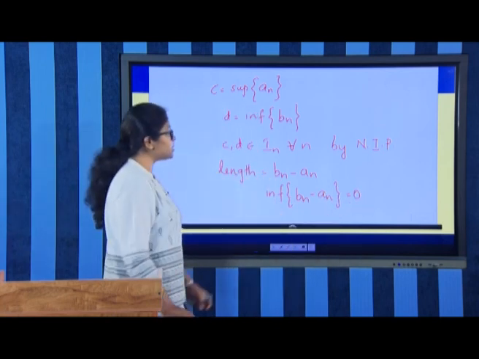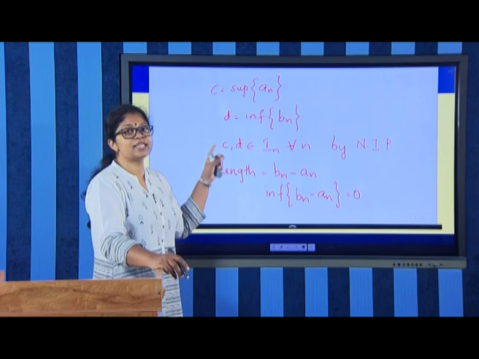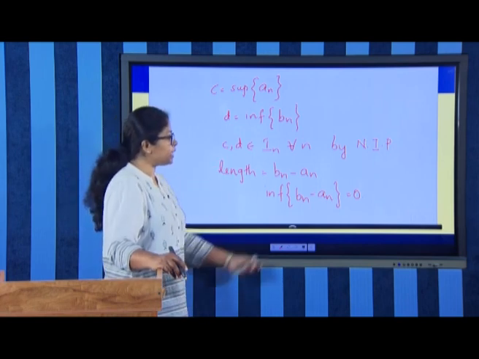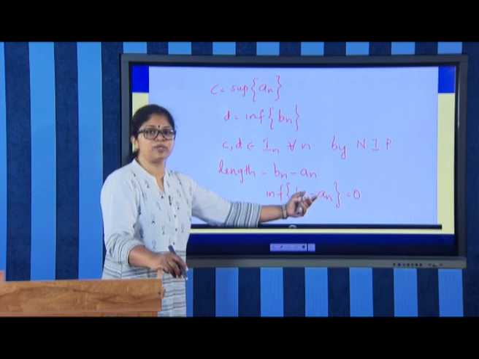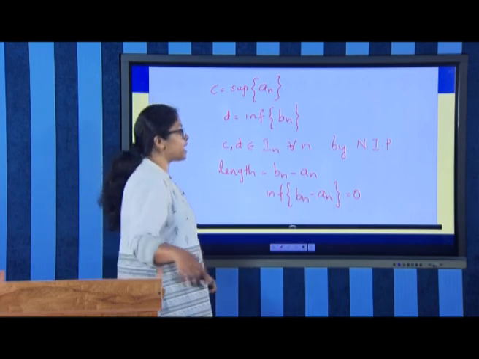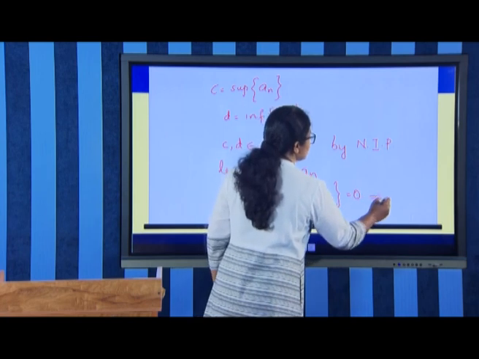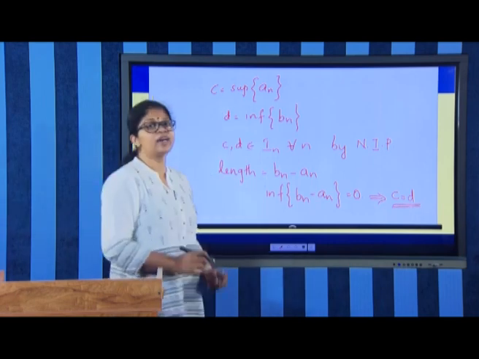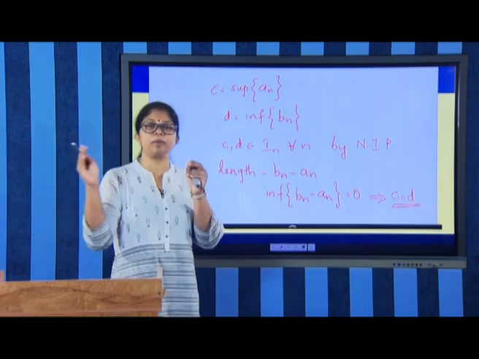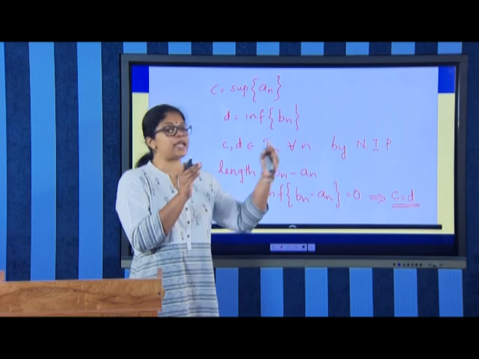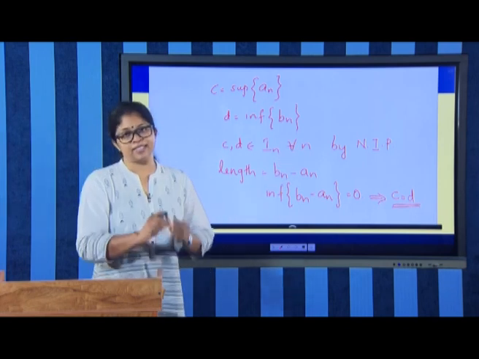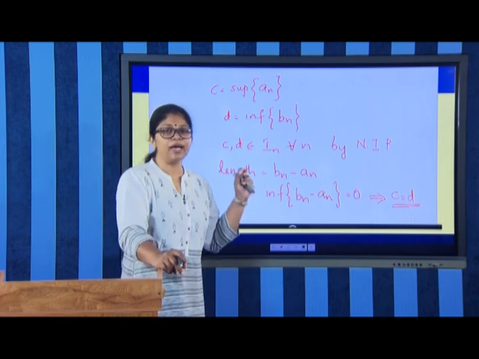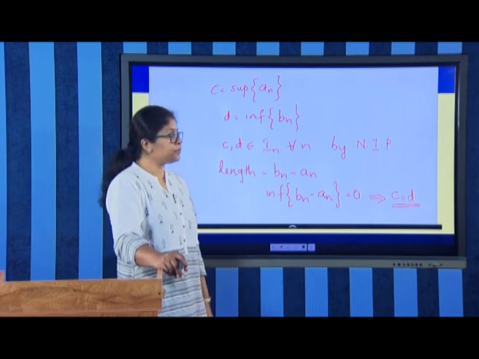So if D minus C has a positive length, the infimum of this cannot be equal to 0. So this forces C to be equal to D, and hence we have a single point which is the supremum of all the left sides as well as the infimum of all the right sides. And that ensures that the common point will be a unique common point.